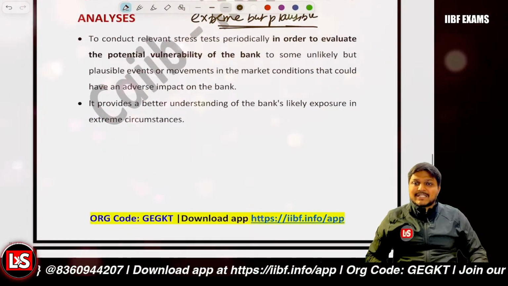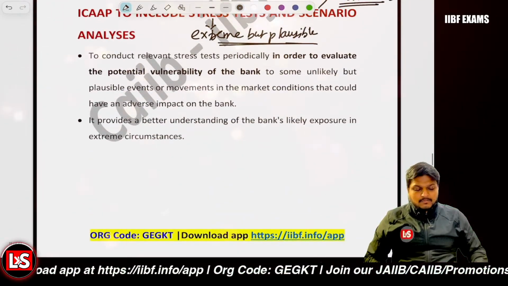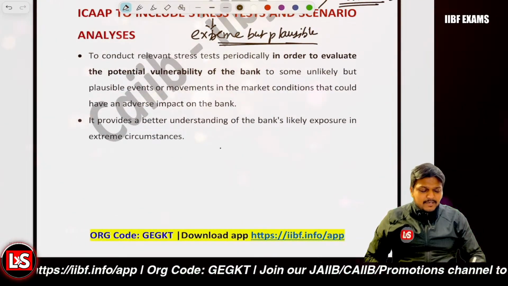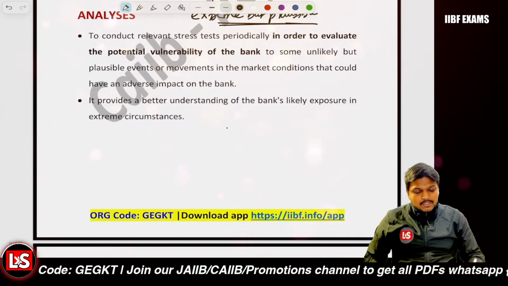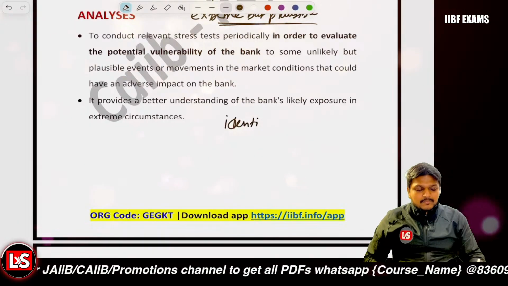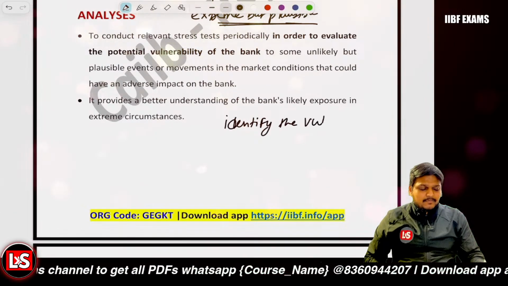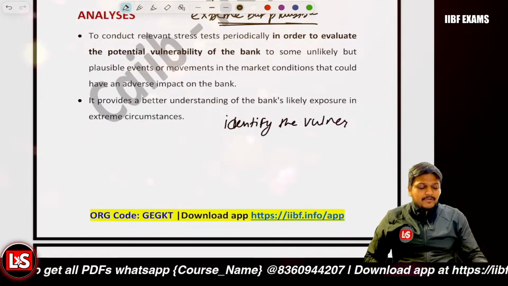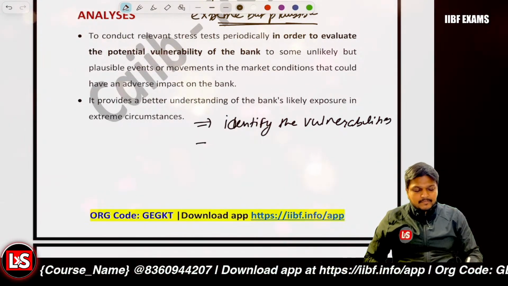And what would be the objective? So what will be the objective related to it? We want to identify the vulnerabilities. Why we want to do the stress testing and scenario analysis? So as to identify the loopholes, identify the vulnerabilities, right?